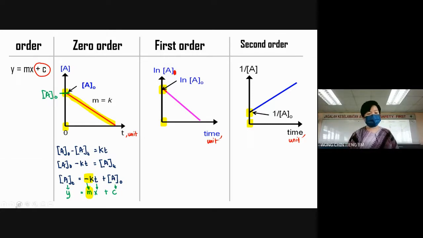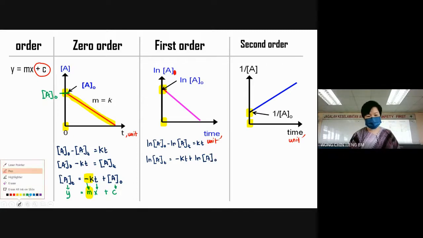And over here pun sama. Obviously kalau dia adalah first order guys, we will be using your ln A0 minus ln AT equals to KT. Benda yang sama sayang, bila kamu susun balik, kamu perasan kamu akan dapat your ln AT equals to negative K T plus ln A0. And you will have the exact same thing.